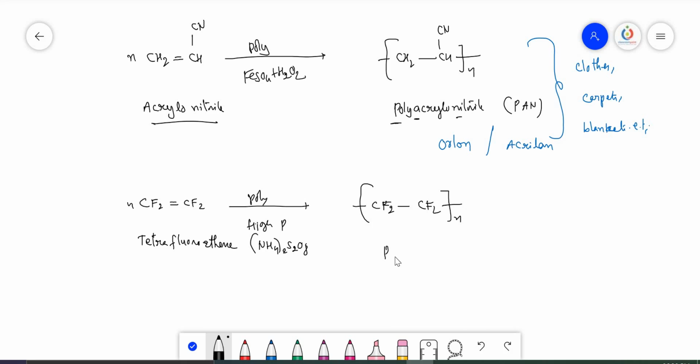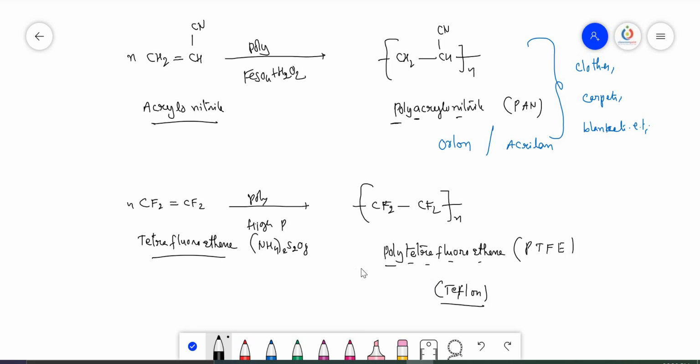So now the name of this molecule is poly. Just write down this name here again, tetrafluoroethene. So PTFE. So simply we call it PTFE, but popularly it is known as Teflon.